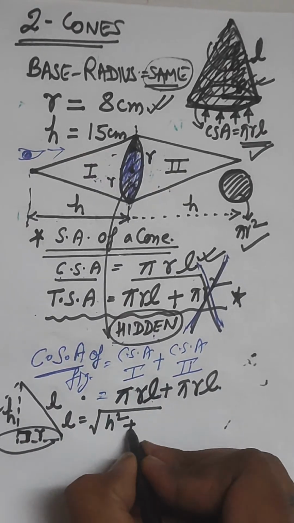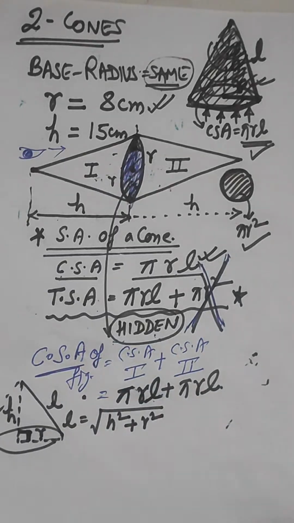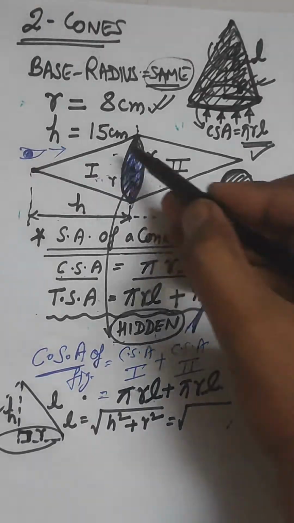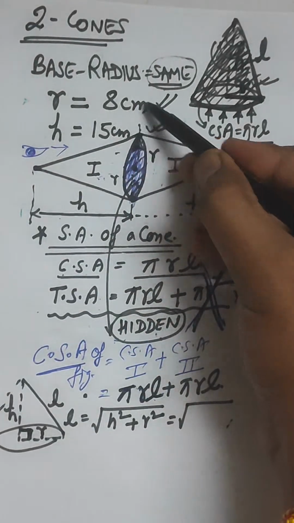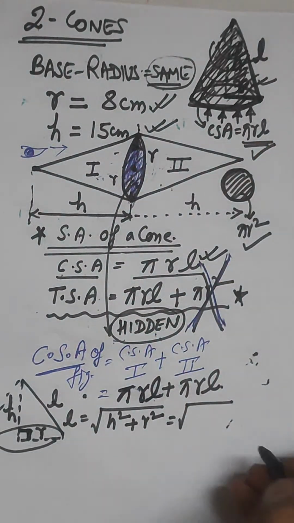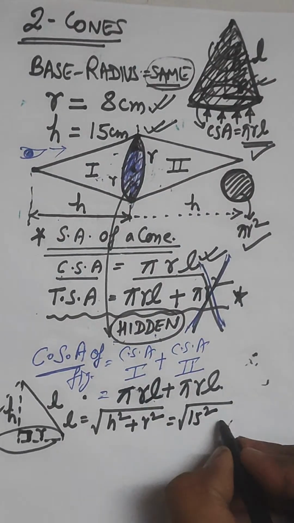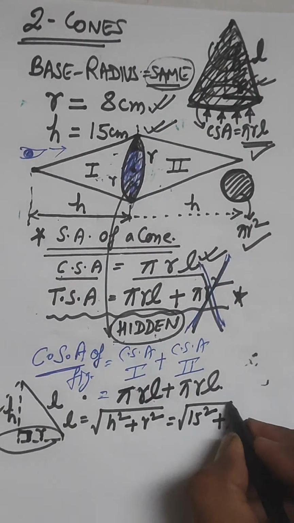So what is h square? Height is given to you, r is given to you. Just put in the values over here. So 15 square will be h square. And what is r square?